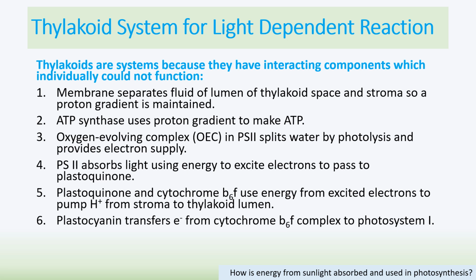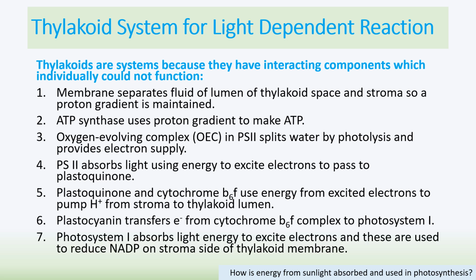So you can see this is a system, because a system is a series of complex interactions working together. And also the last one, sorry, I should have said, photosystem 1 absorbs light energy to excite electrons, and these are used to reduce NADP on the stroma side of the thylakoid membrane.